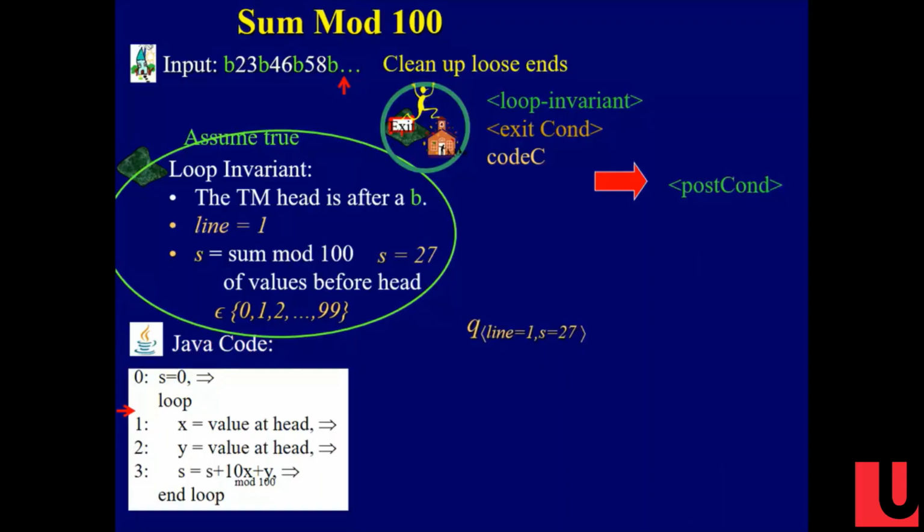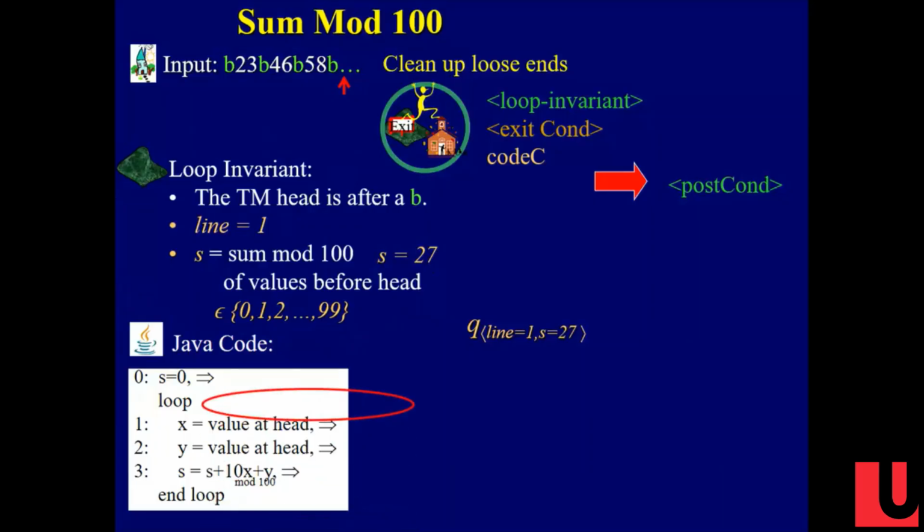And so I'm in this state, and now we need an exit condition. So if there are no more numbers, what am I looking at now? Blanks. It's blanks, right?